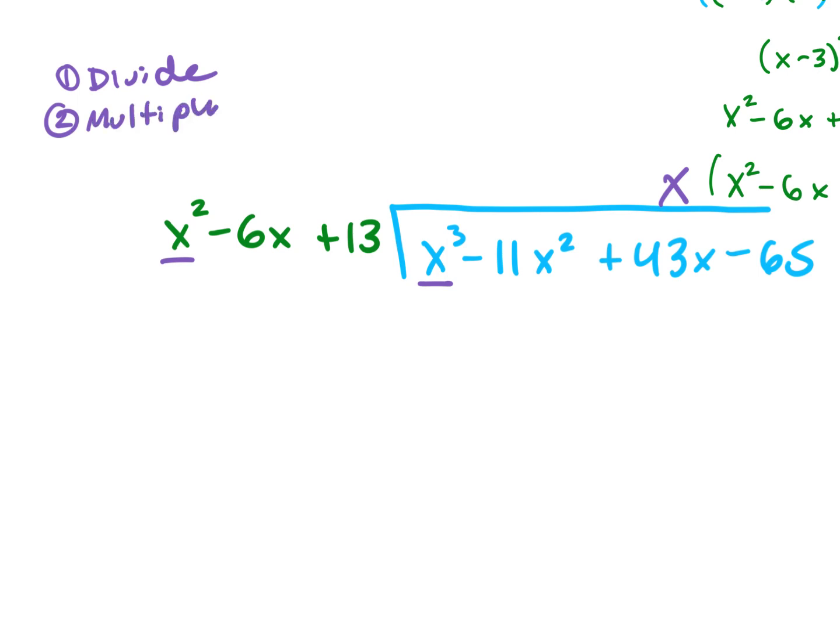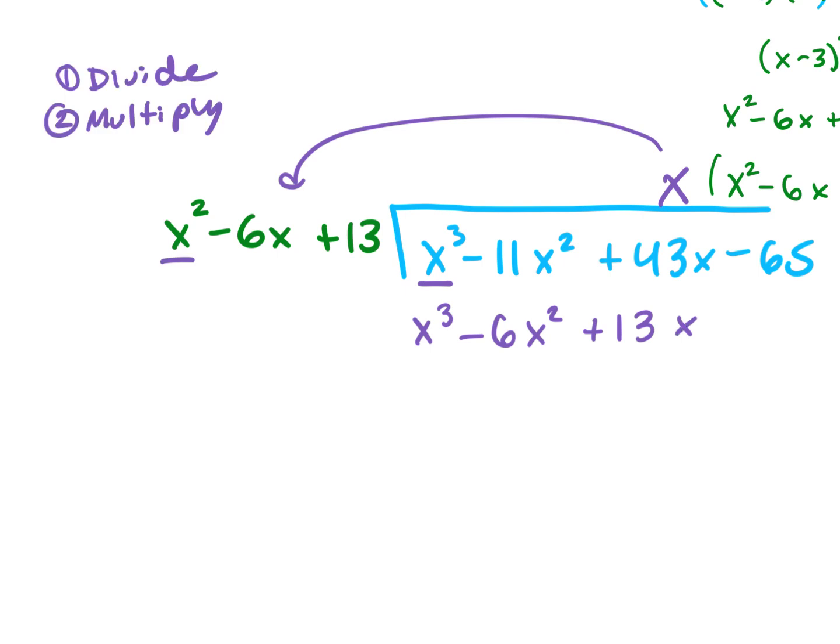Multiply. So we multiply x times everything out front. We get x cubed minus 6x squared plus 13x. What's step 3? Change the signs. So this becomes minus plus minus.